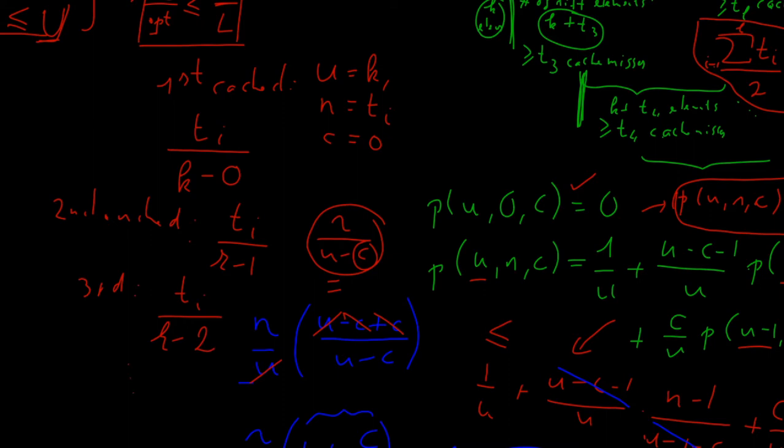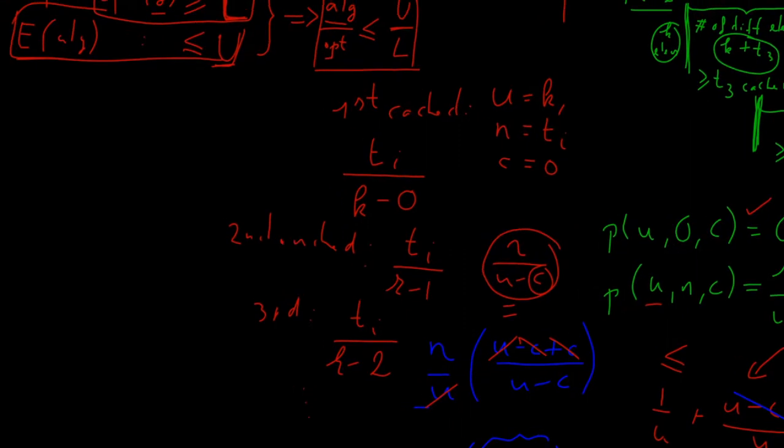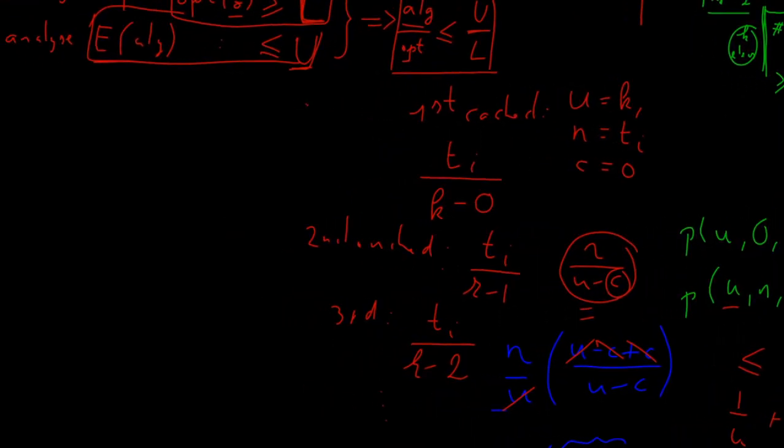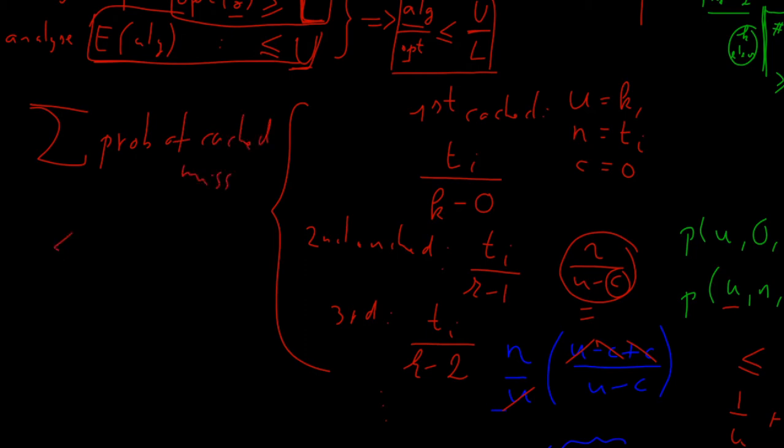But since there are at most k minus 1 cached elements, since the first element of the phase is definitely a new element, it's always a new element, this means that in total the sum of the probability of the cached elements is at most t_i divided by k plus t_i divided by k minus 1 plus and so on plus t_i divided by 2, because there are at most k minus 1 and we have to decrease this value there.